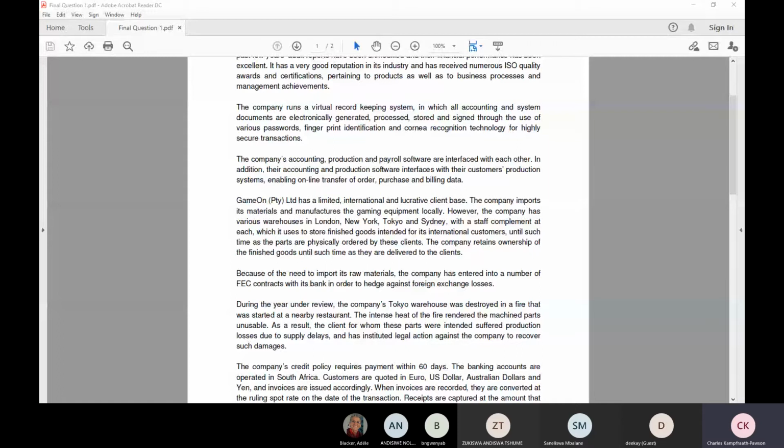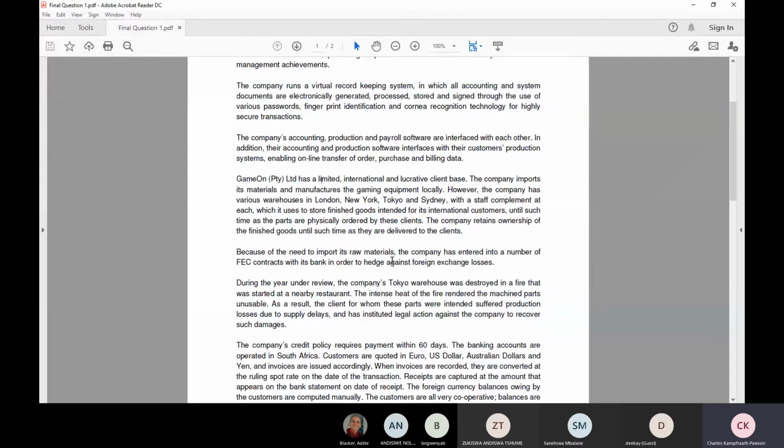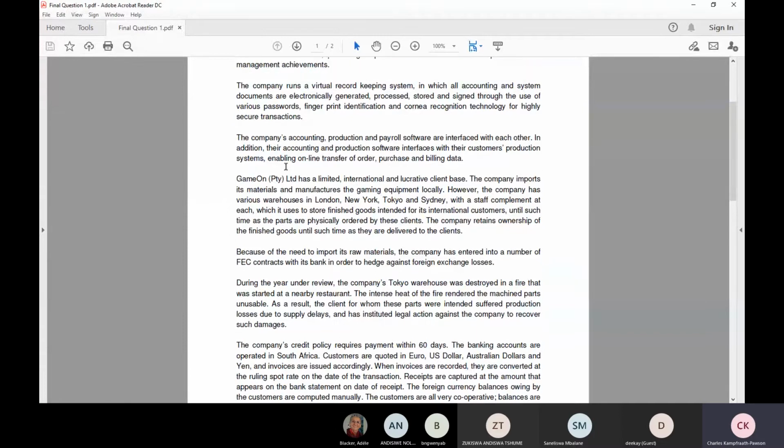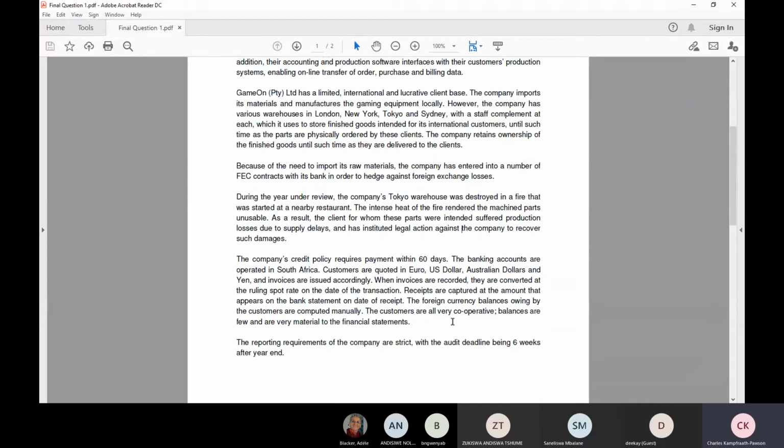Okay, then let's move on to the direction. What will influence the direction of the audit? So let's have a look here. They say if we look at our client base, they say we don't have a very large client base.